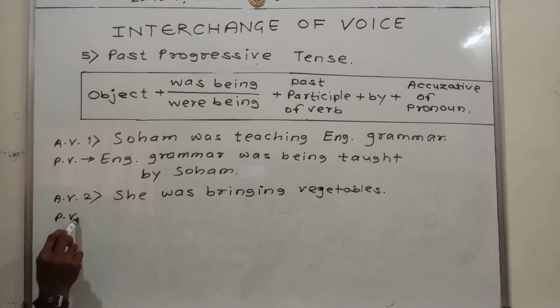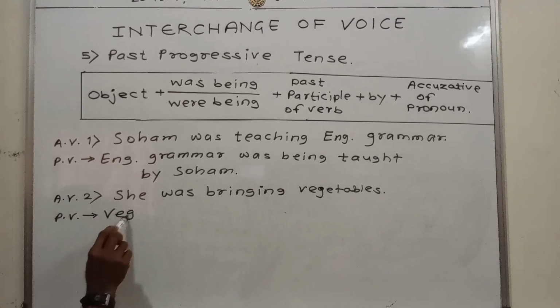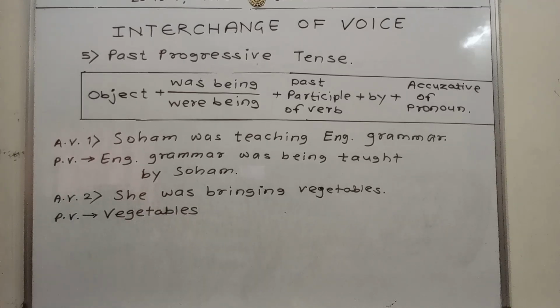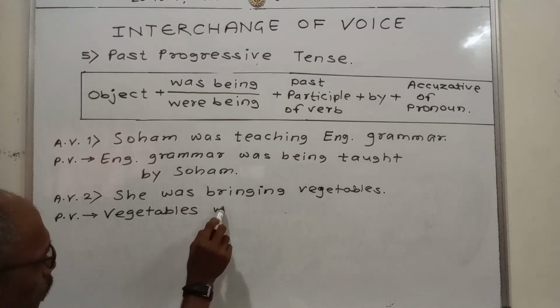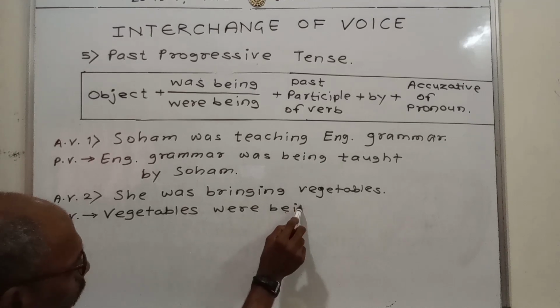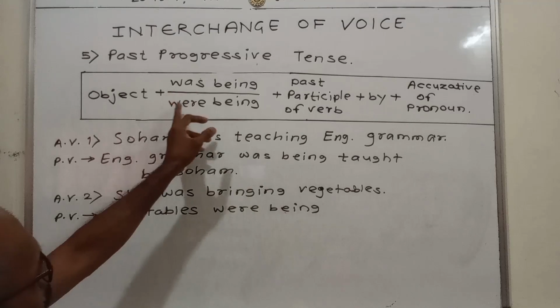Now passive voice of this. Vegetables. Not vegetable. Vegetables. Were being, plural, were being. Very good. Vegetables were being.